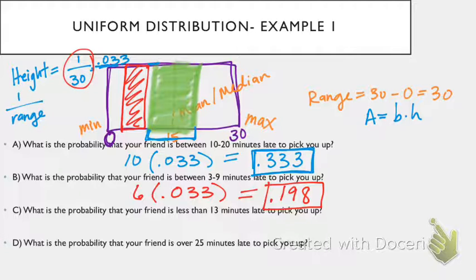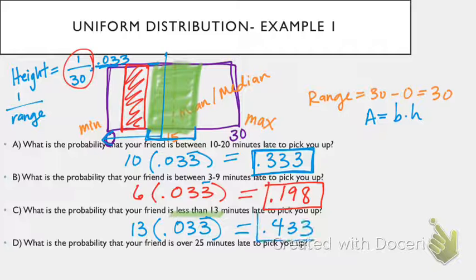Okay, the next one says less than 13 minutes late. So anything less than 13 minutes includes 13 and then below. So my base would be what there? Times 0.033 repeating. 0.433.